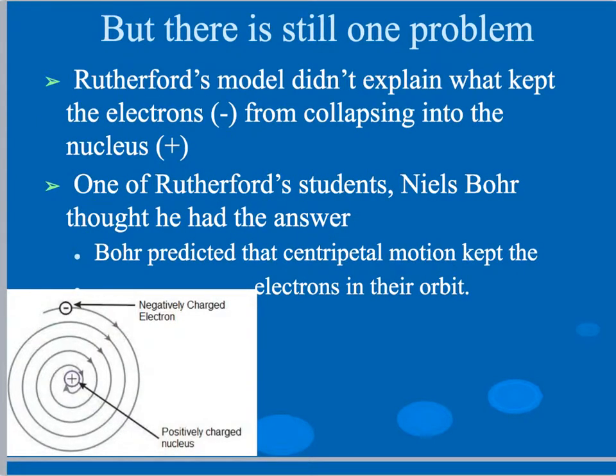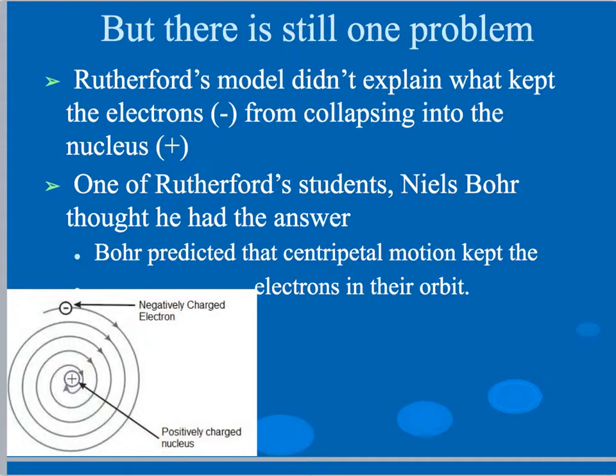So, what Rutherford's model, we still understand that the atom has a nucleus, that it's positively charged, so we've kept a lot of his discovery till now. But it didn't explain what kept the negative electrons from just spiraling down and collapsing into the nucleus, because positives and negatives attract.